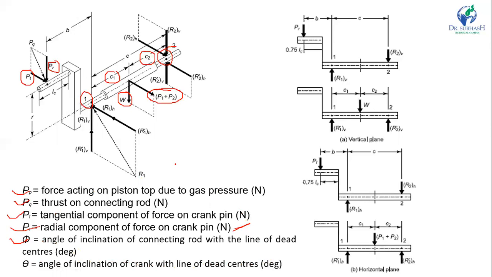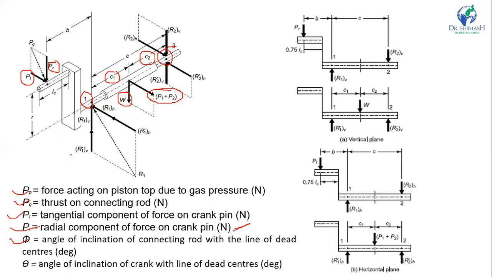Now here you can see the different reactions due to this load W and P1 plus P2 acting at bearing 1 and bearing 2. You can see this R1V, the vertical reaction at bearing 1. R1H is the horizontal reaction due to this load P1 plus P2.